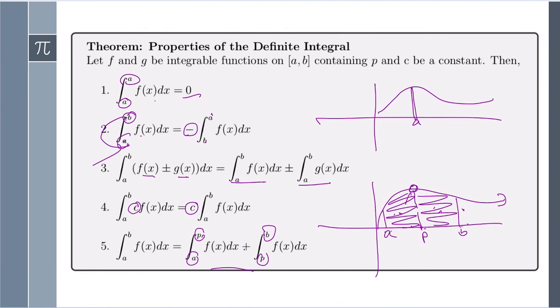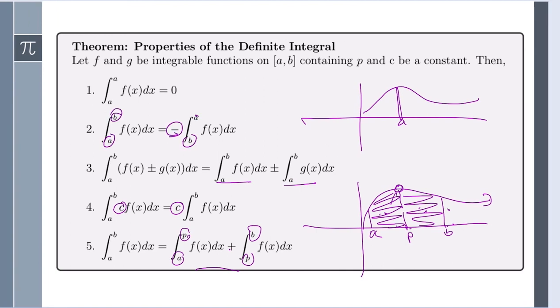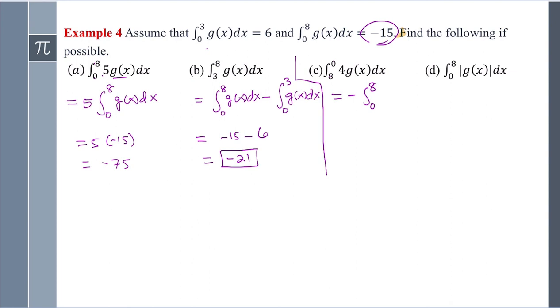If we switch the limits, if we change a to b into b to a, then we have a negative. So negative of the integral from 0 to 8 of 4 g of x dx, and then we can factor that 4 out. So we have negative 4 times the integral from 0 to 8 of g of x dx, which is given as negative 15, so that gives us 60.